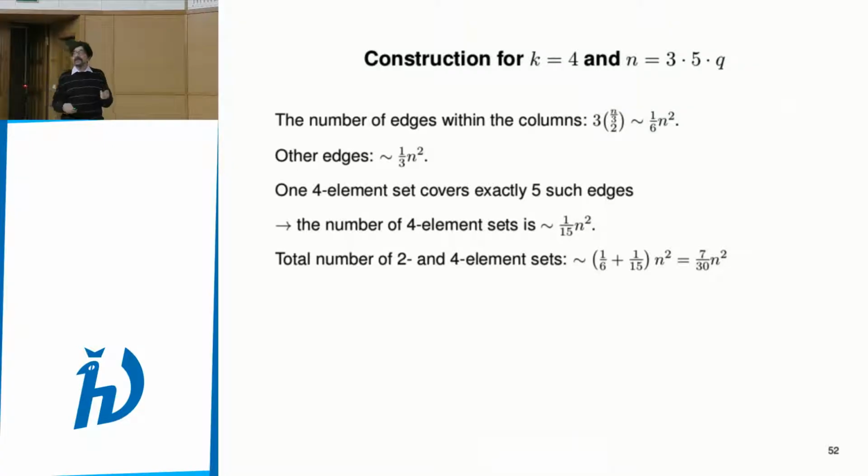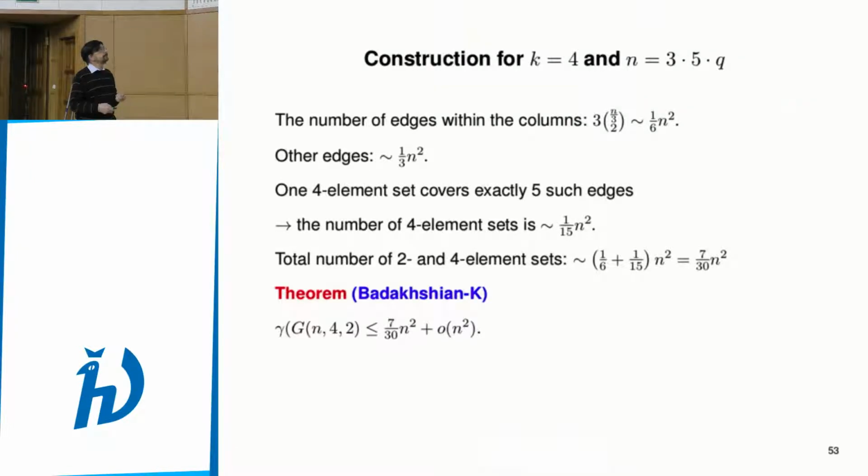So we have a construction again, like for the case when k was 3, but we don't know from below, so that we cannot have a smaller number of dominating vertices. So this is what we were able to prove.